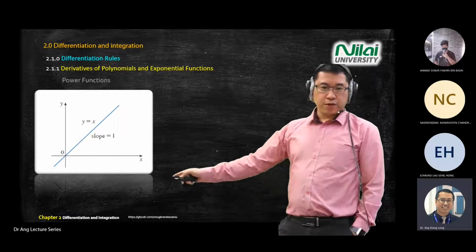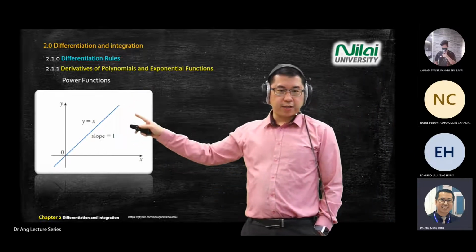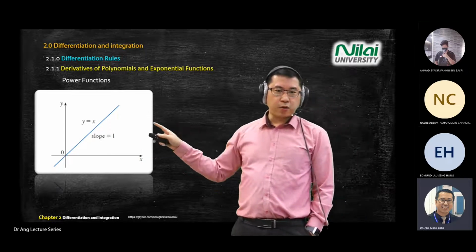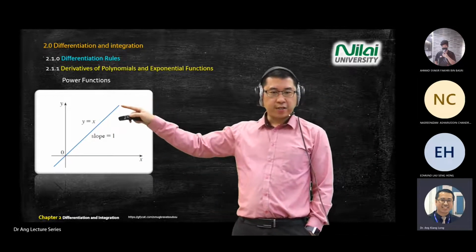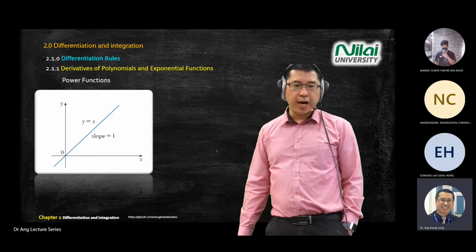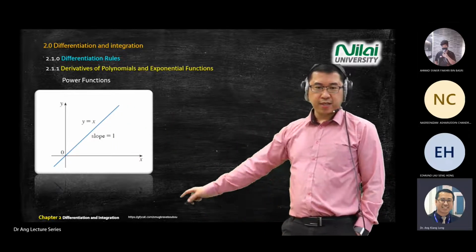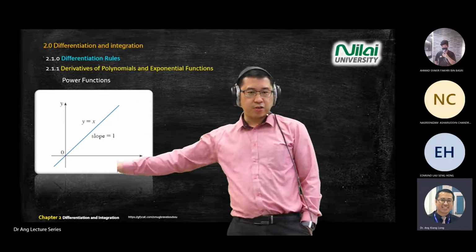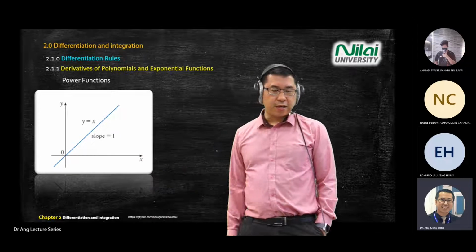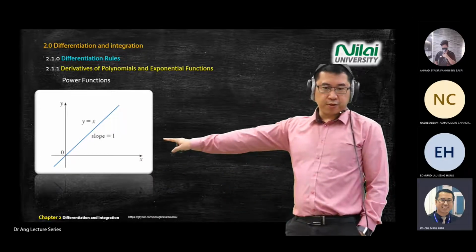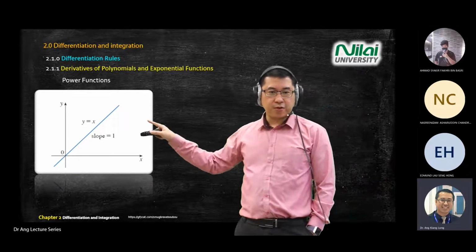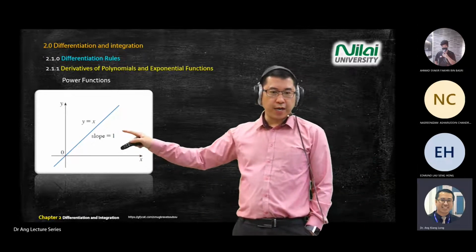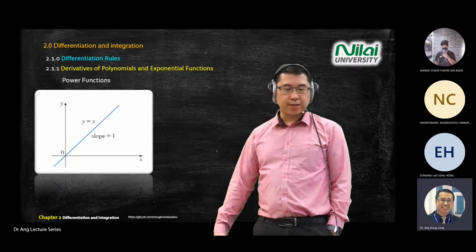If your function is a power function, if you look at this graph, y equal to x, or if you look at the straight line equation, y equal to mx plus c, your c is 0. According to the graph, your intersection point c is 0, and your m is 1. Dy dx equal to 1 if you have y equal to x.